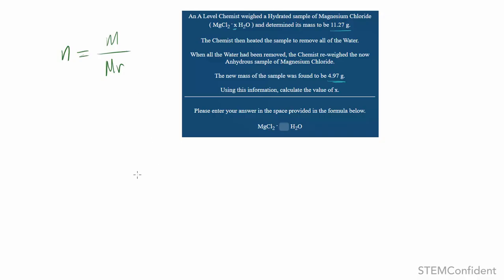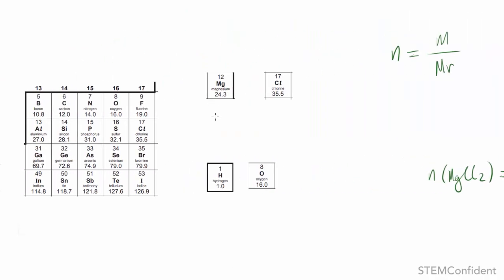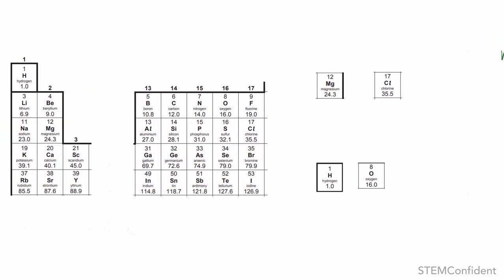And we have the mass m, so the number of moles of MgCl₂ is going to be equal to 4.97, but then that needs to be divided by the molar mass Mr. Now for Mr, we're going to need to work that out from the periodic table. So that's going to be 24.3 for Mg.